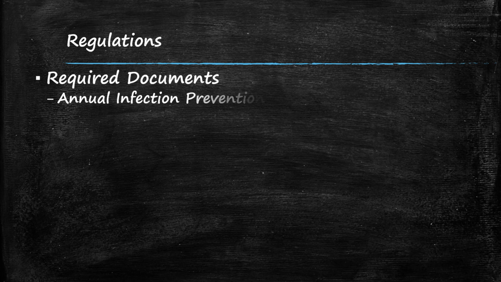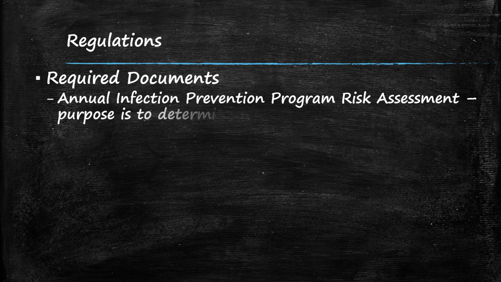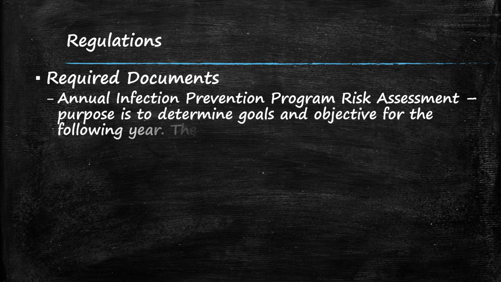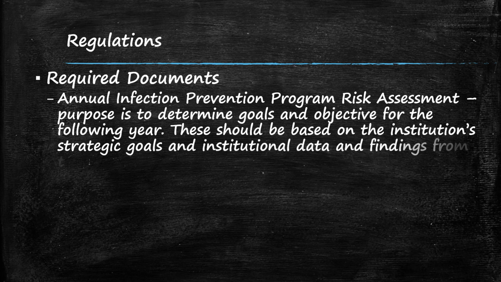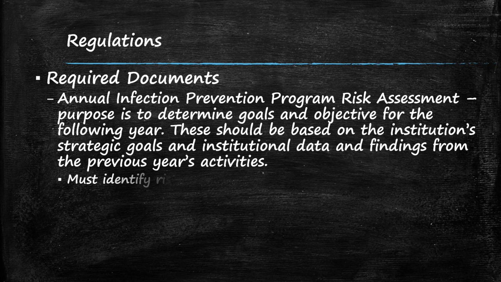Further regulations talk about some required documents for infection prevention, beginning with the annual infection prevention risk assessment, which is to determine goals and the objectives for the following year based on the institution's strategic goals and data and findings from the previous year.